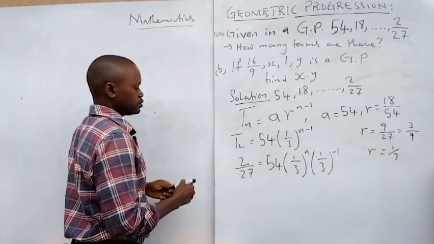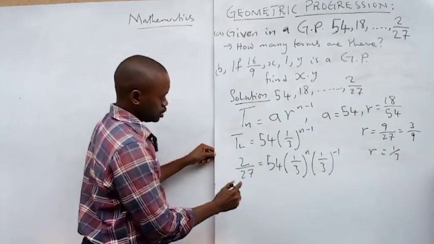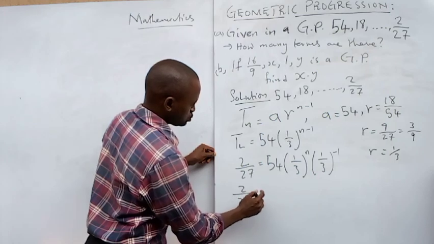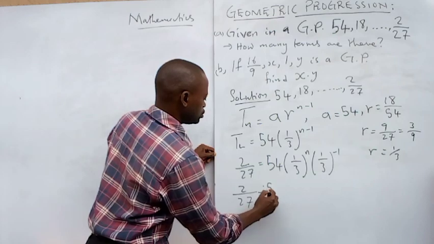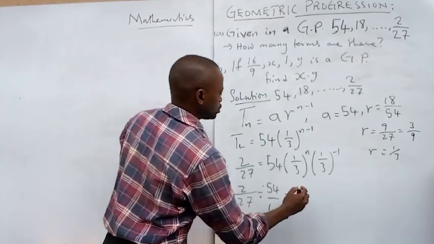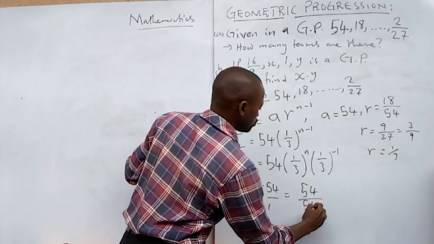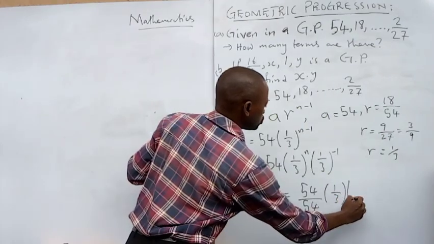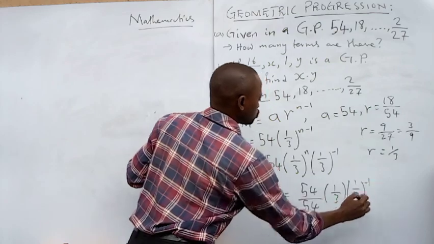If I divide both sides by 54, 2 over 27 divided by 54 over 1 equals 54 over 54 times 1 over 3 to power n times 1 over 3 to power minus 1.